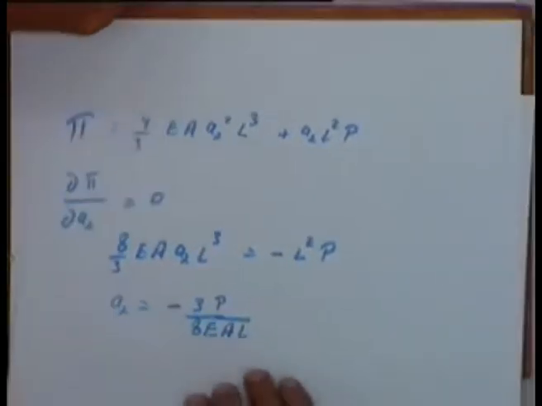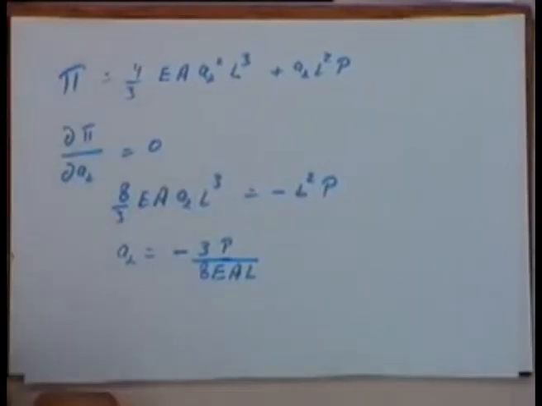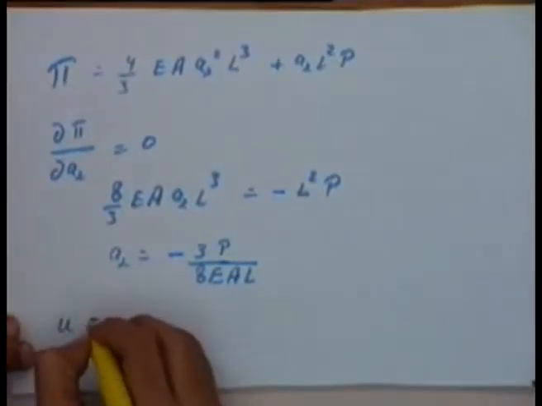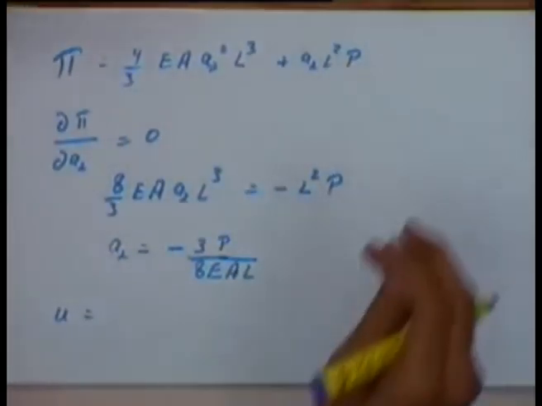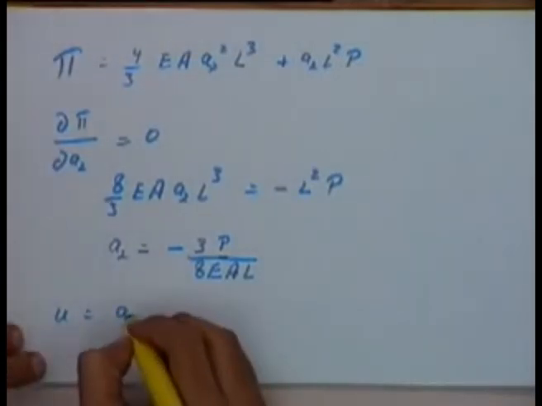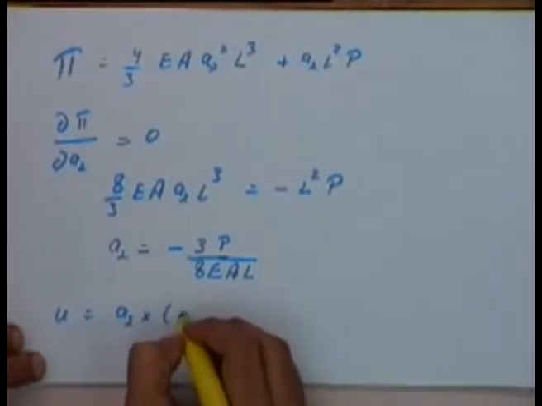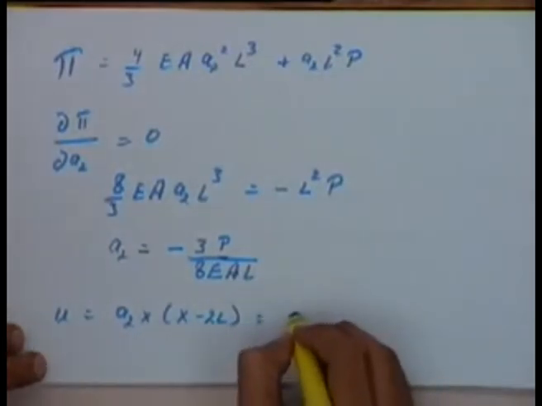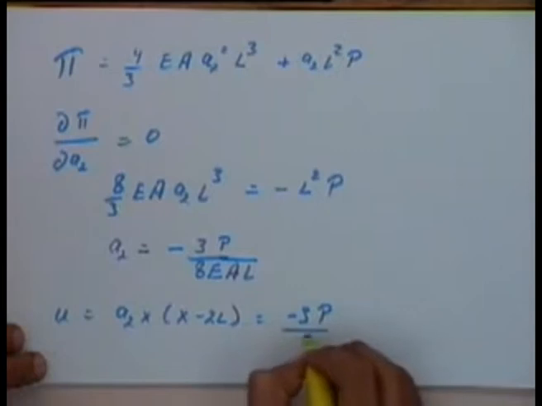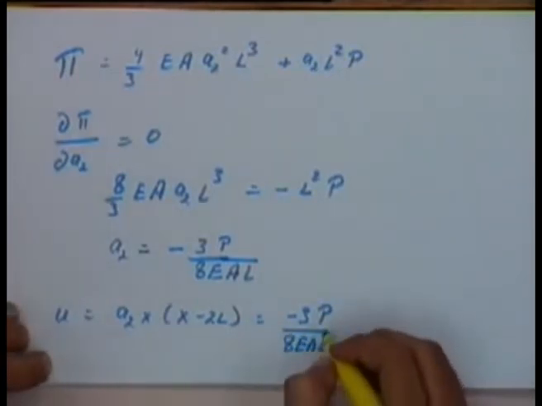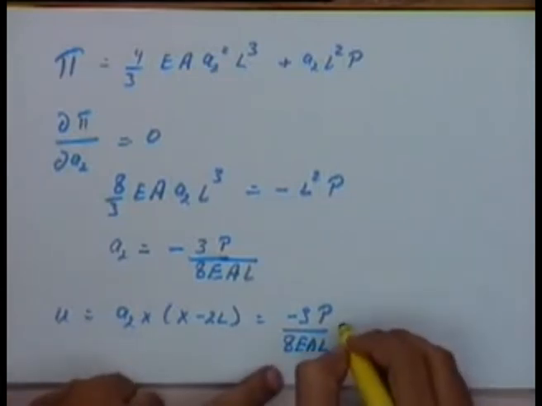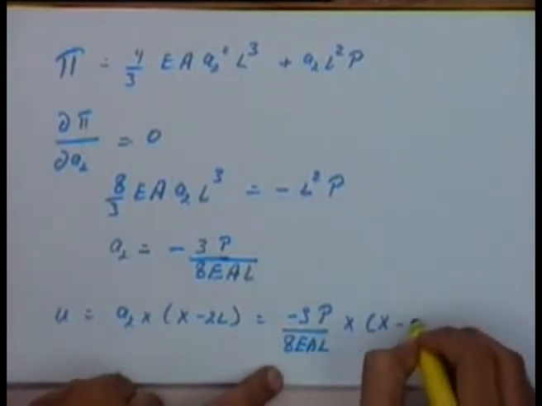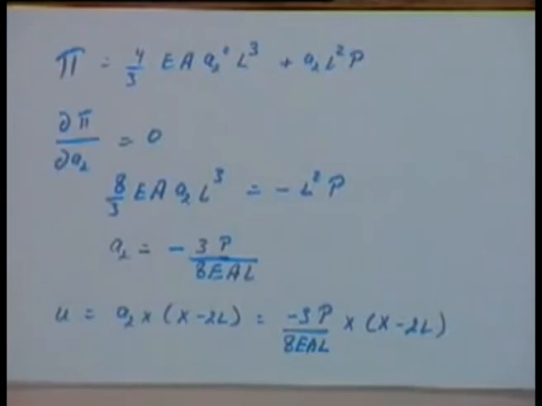Which means that our deformation u is given by A2 x into x minus 2L. So this will become minus 3P by 8 EAL into x minus 2L. So this will be the expression for the deformation.